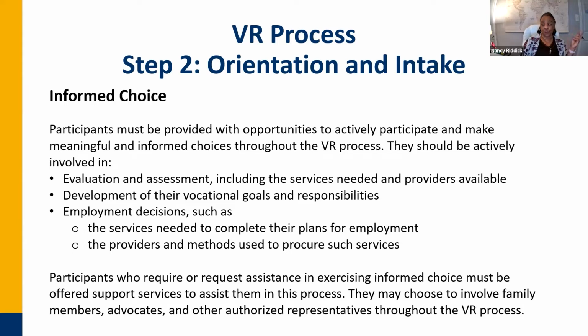Development of their vocational goals and responsibilities. If they don't know what their vocational goal is, then there are things or information that can help us to help them to decide their vocational goal. Employment decisions such as the services needed to complete their plans and the providers and methods used to procure each service, okay?